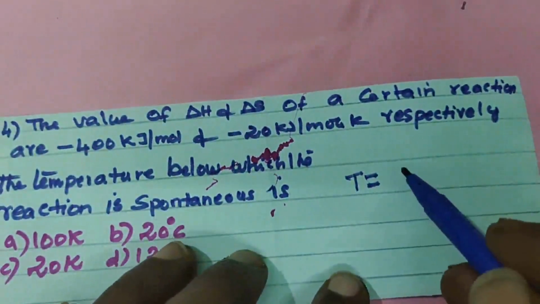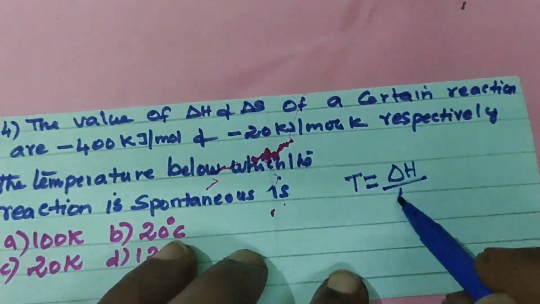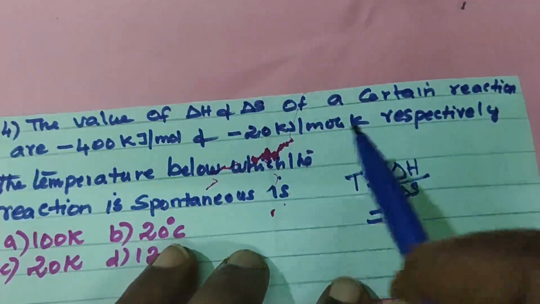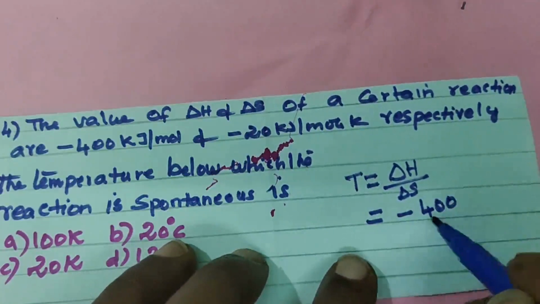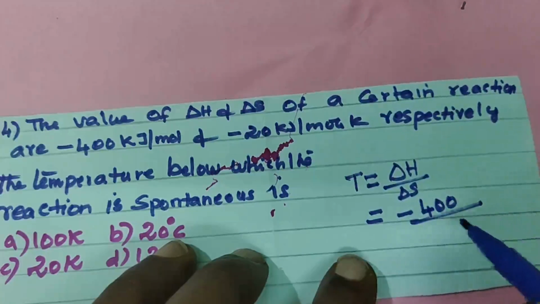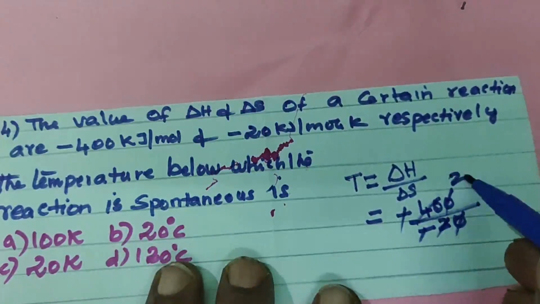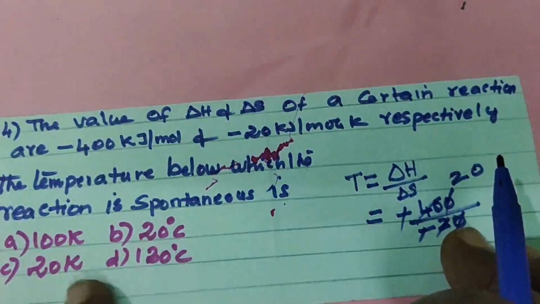Delta H is minus 400 kilojoule per mole, and delta S is minus 20. So cancel minus, that is 20. So the answer is 20.